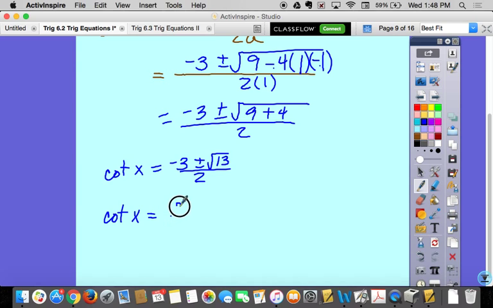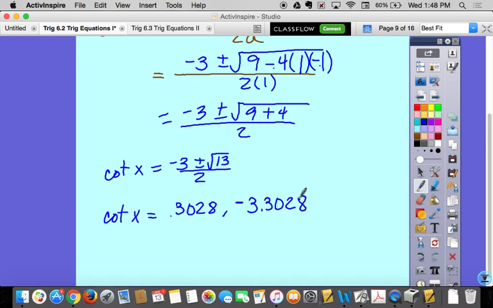So I've got 0.3028. Now I'm going to pull that back up, and instead of a plus sign, I'm going to put a subtraction sign so I can get the other version. And there we go. So here are my 2 answer options. That was the positive version right here, and this is the negative version right there.